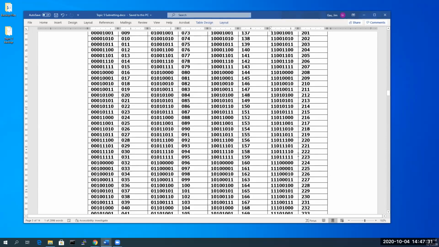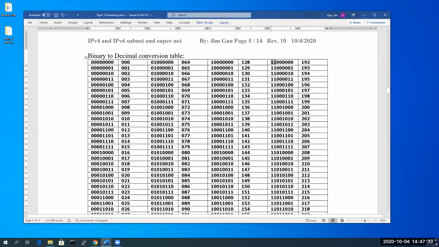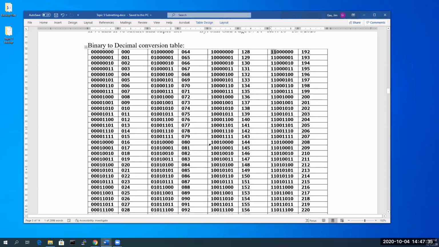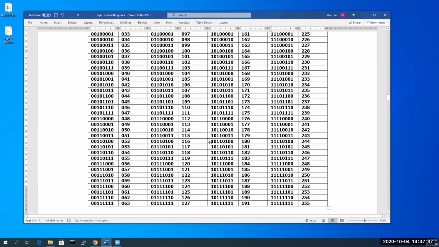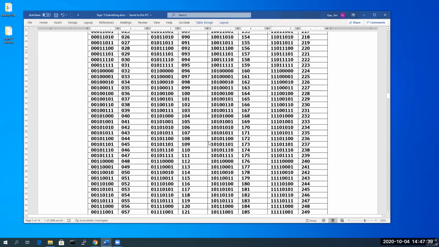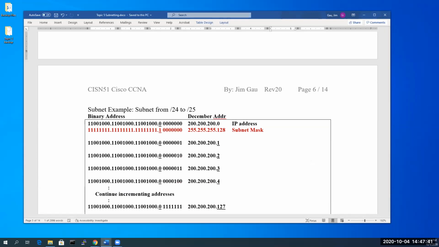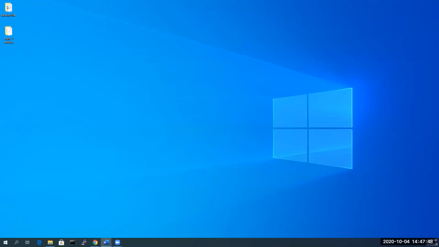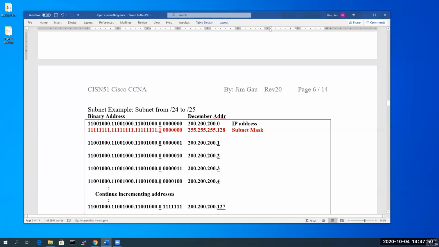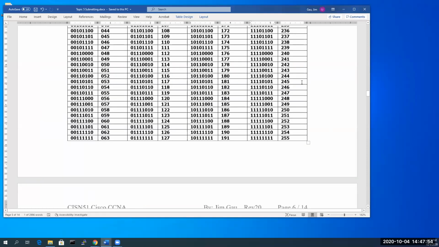So that's just a quick overview of what this table can tell you. And then we are going to go through all the examples using that page. So I'm going to switch this page on and off, showing that to you while we are discussing this concept of subnetting.